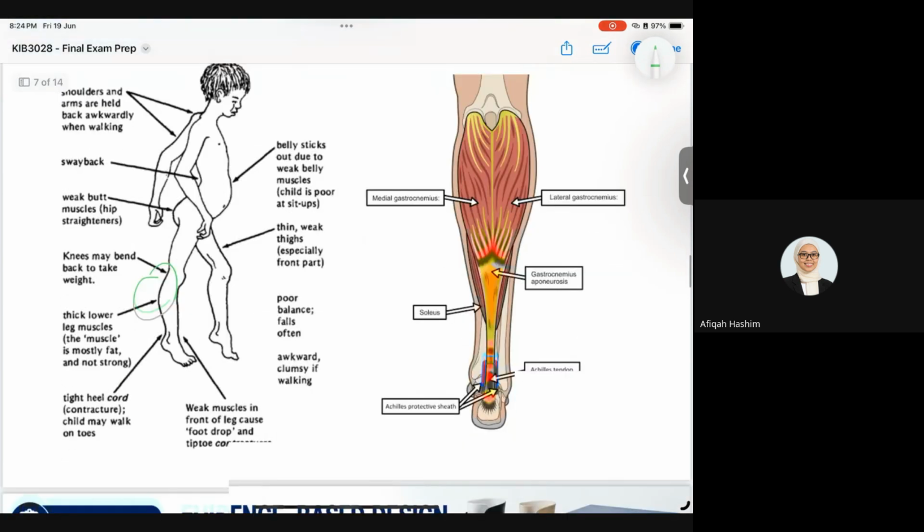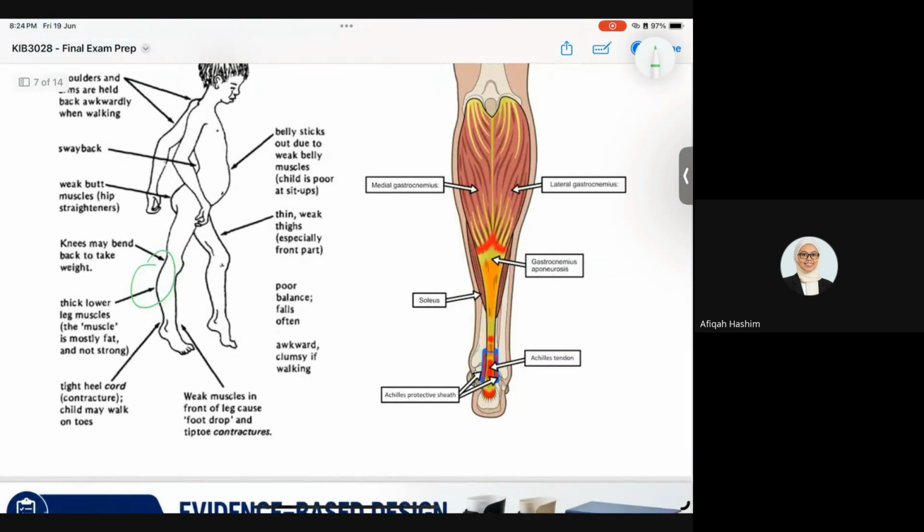In order for them to adapt to the lack of dorsiflexion, these muscles constantly contract to maintain the ankle, and at the end they develop contracture of the calf muscle. Over time, this muscle becomes tight.